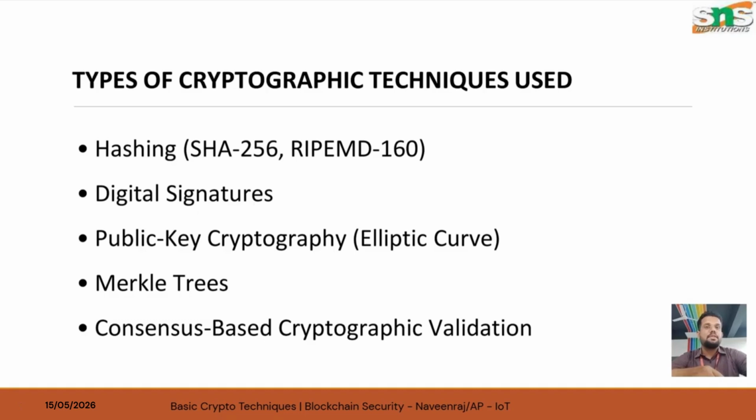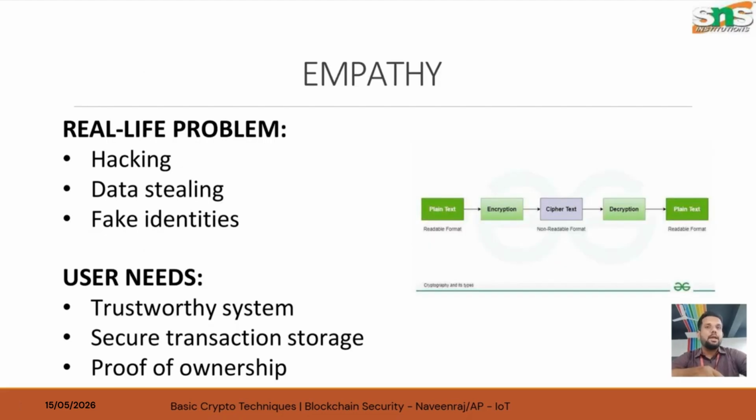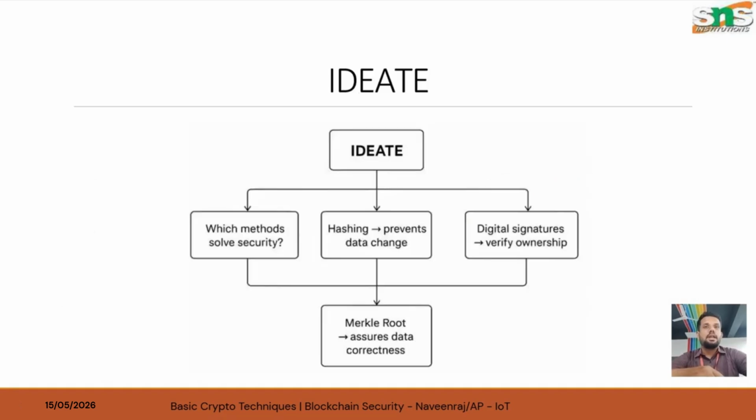Once the hash is generated, it is encrypted using the private key. Then the final, fourth step, the signature is created. This is how a digital signature is created. On the receiver side, the user uses the public key to verify. If the data changes, the signature becomes invalid. This is a great example of a digital signature.